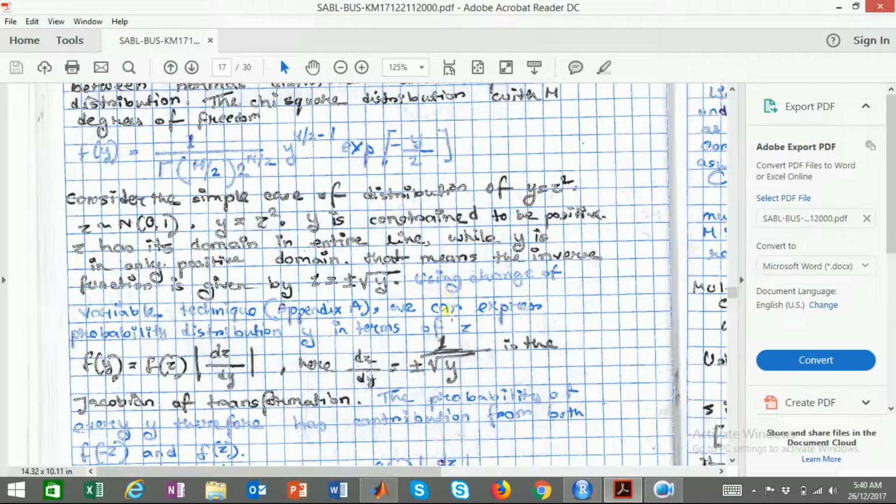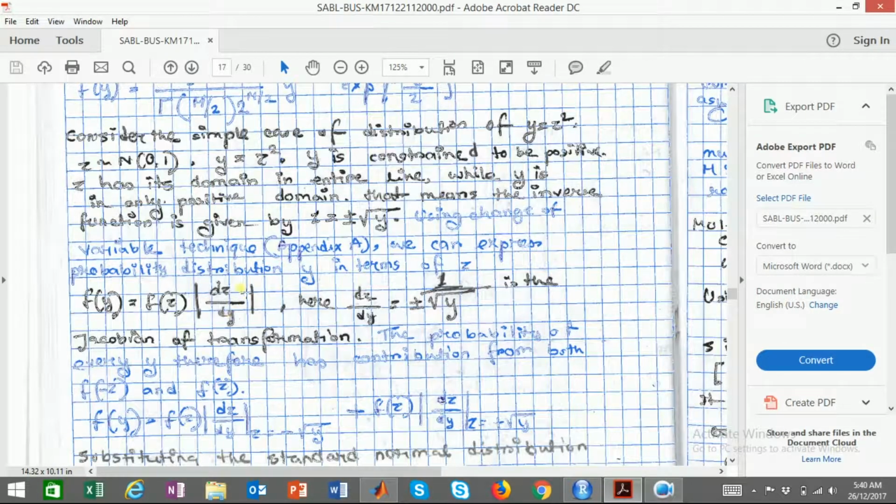Using change of variable technique, we can express the probability distribution of y in terms of z. We have seen that f(y) equals f(z) dz by dy, where dz by dy, the first difference of z, equals plus minus 1 by root over y, is the Jacobian of the transformation. This is called a Jacobian transformation.